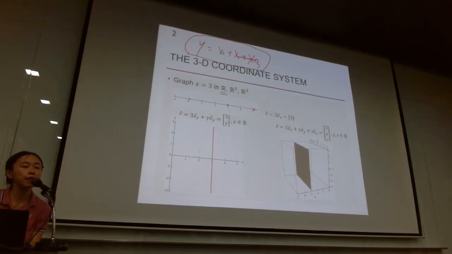Then when you fix one x, that means y is free. When y is free, you fix one axis. So 2 minus 1 equals 1. So R1 is a line. So in this case, x equal to 3 in two-dimensional space is a line.